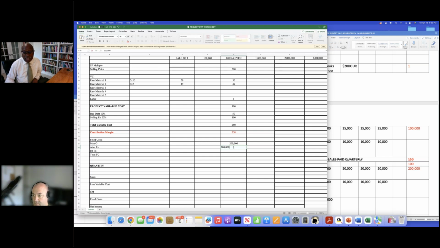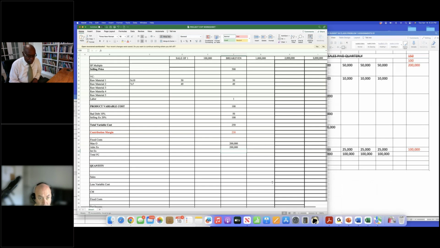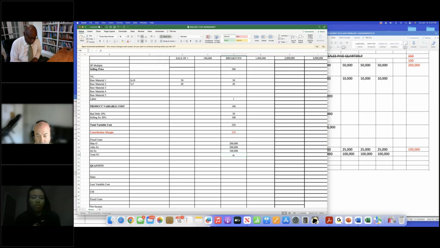And what's the interest expense? 100,000. Right. So our total fixed cost is what? 500,000. So what's our break-even quantity?